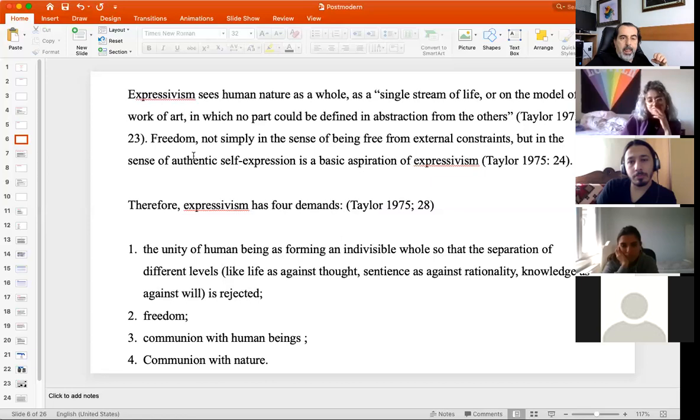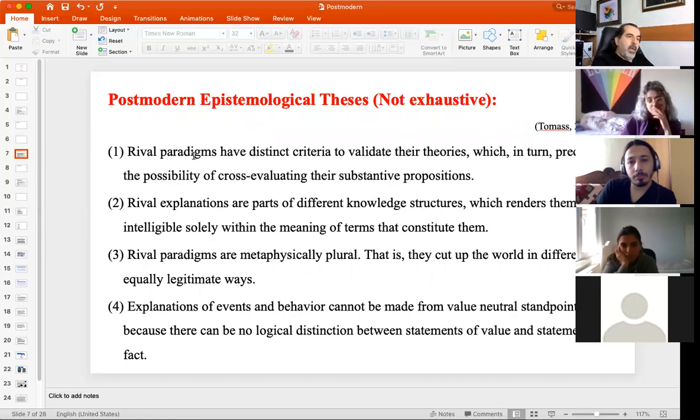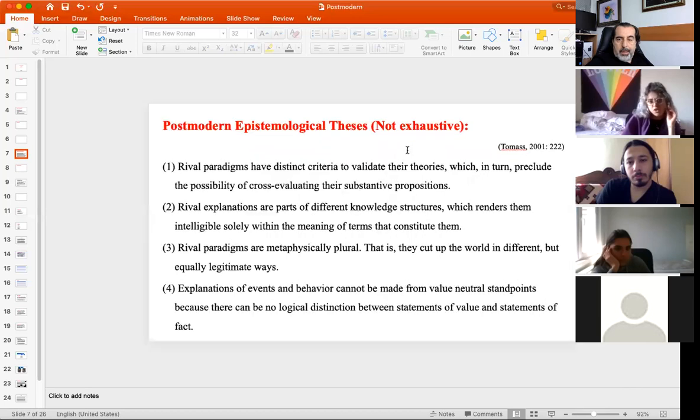So basically, from an epistemological point of view, how science is supposed to do something, we can again distinguish among some theses, which is not an exhaustive list actually. One idea is that rival paradigms have distinct criteria to validate their theories, which in turn preclude the possibility of cross-evaluating their substantive propositions.